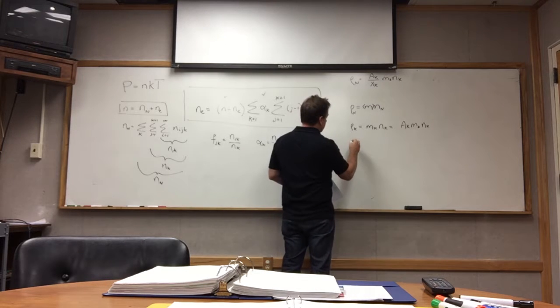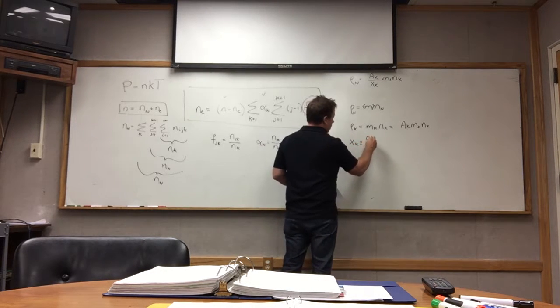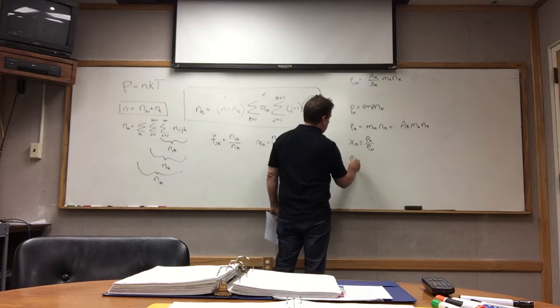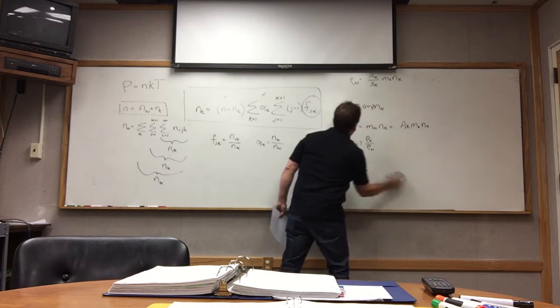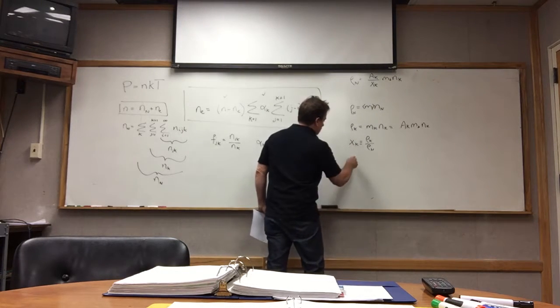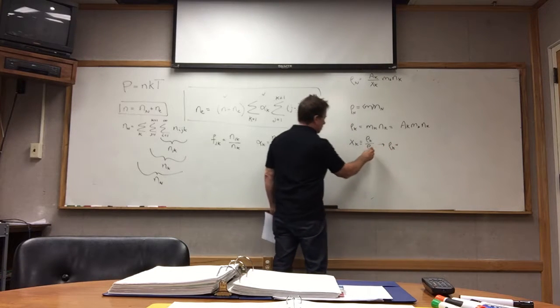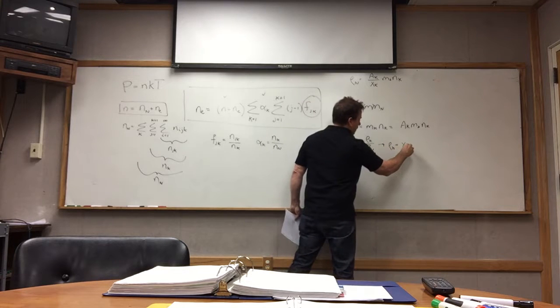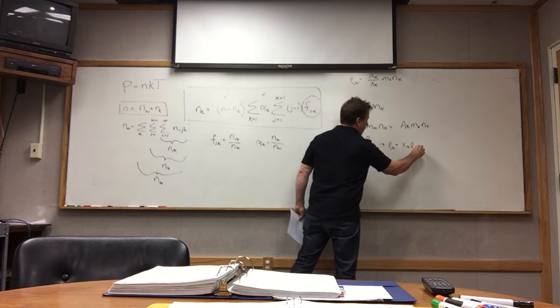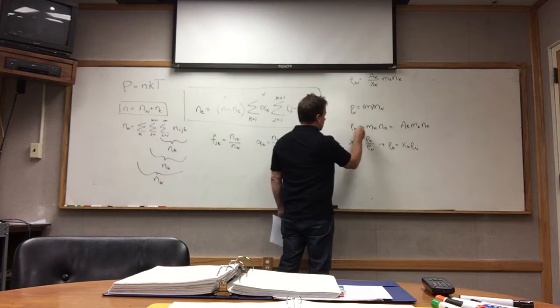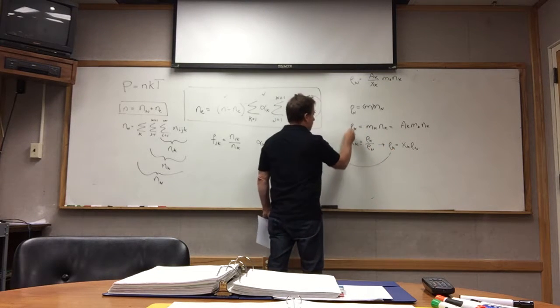And then the difference, if you remember, XK is defined as rho K over rho nuclei. Okay? So rho K is XK times rho of all nuclei. Okay, so basically, you want to substitute that there.